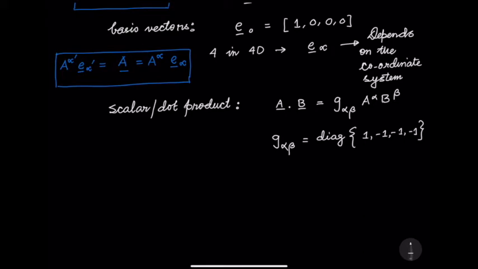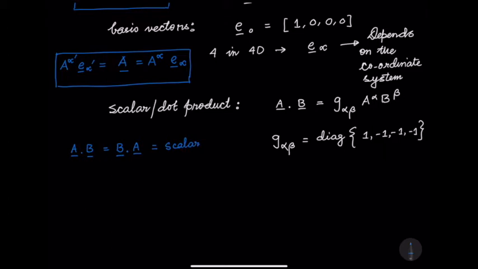And this a dot b gives you a scalar. It's obviously, or maybe not as obvious, that a dot b equals b dot a. So this is a scalar.